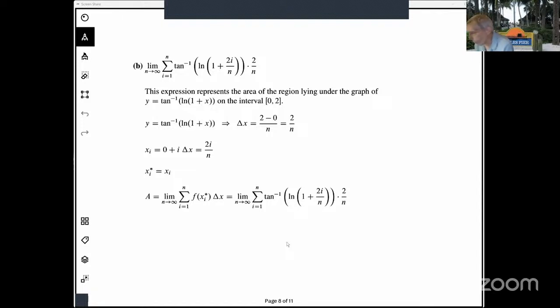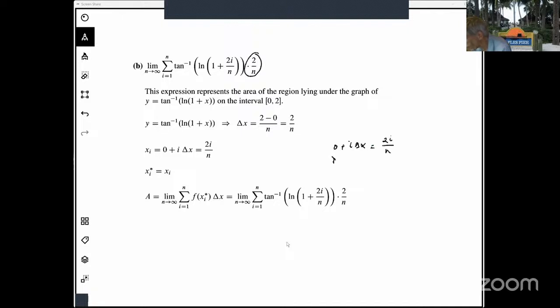And here's one that's a little bit more complicated. So this expression represents the area of the region lying under the graph of y equals, holy Toledo, the tangent inverse of the log of 1 plus x. How did I get that? Well, I isolated my delta x, that's 2 divided by n. And again, I looked at 0 plus i times delta x, which was equal to 2i over n.